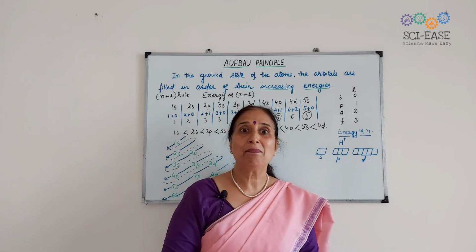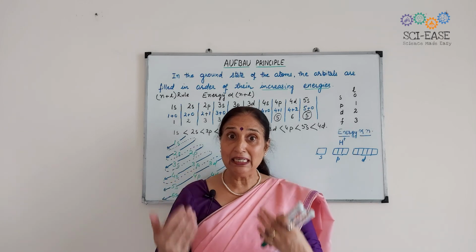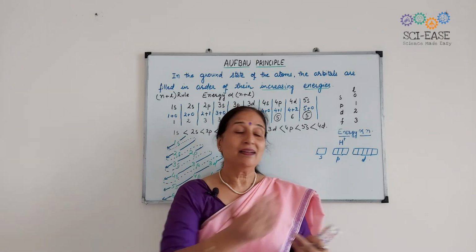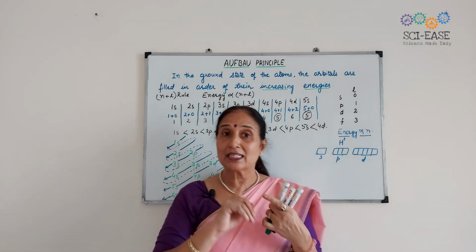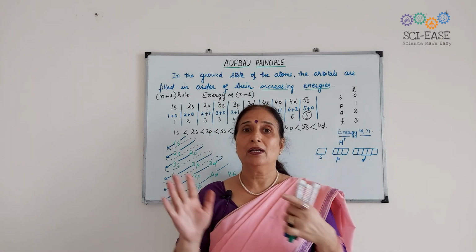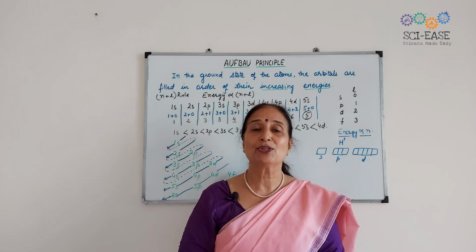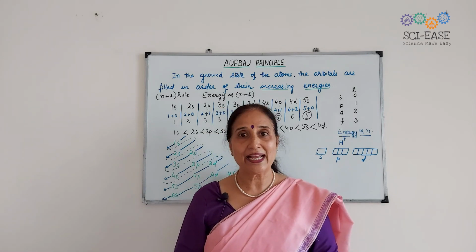I will take up Pauli's exclusion principle, and you will learn how to fill the electrons in these orbitals. Okay, we will study the filling of the electrons by Pauli's exclusion principle and Hund's rule in the next video.